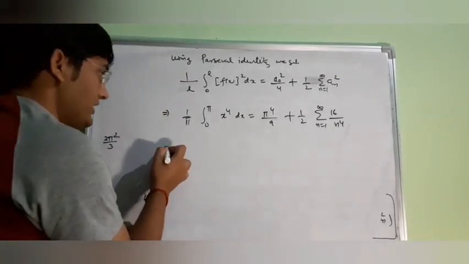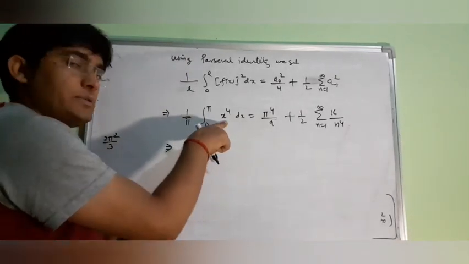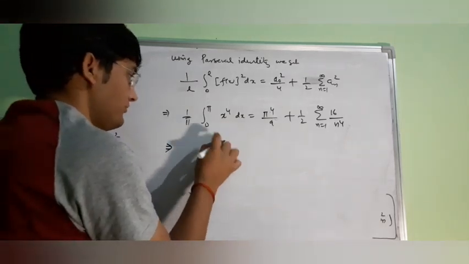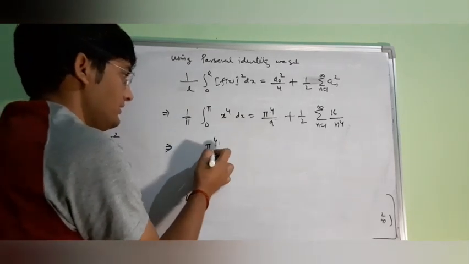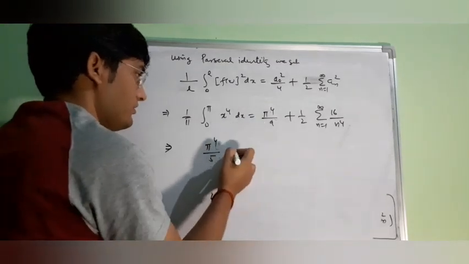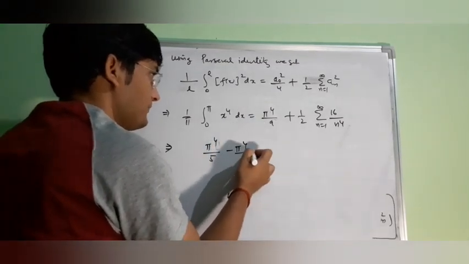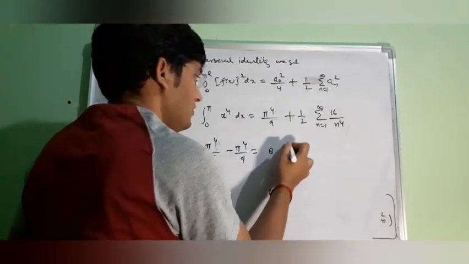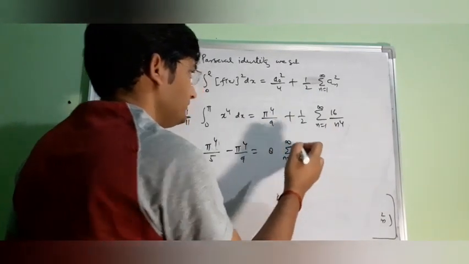So on the left hand side, the integration of x power 4 will be x power 5 upon 5. Here we will have pi power 4 because 1 pi will cancel, upon 5. From here we will have pi power 4 upon 9, and this is 8 times summation 1 to infinity 1 upon n power 4.